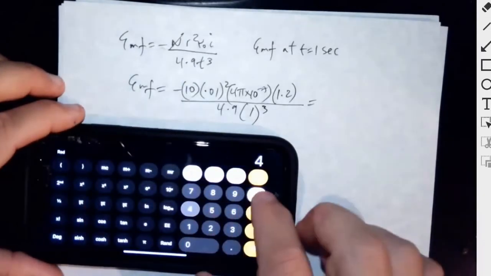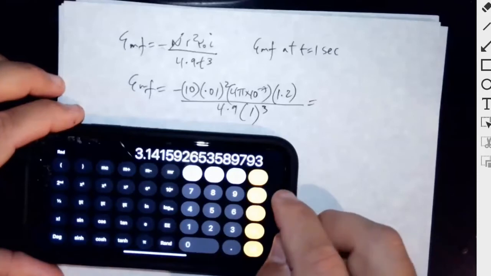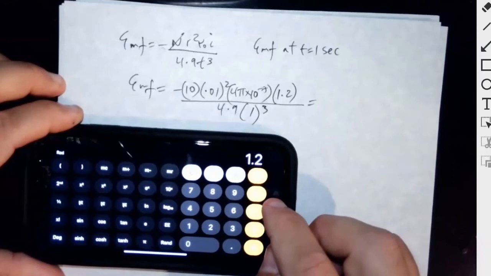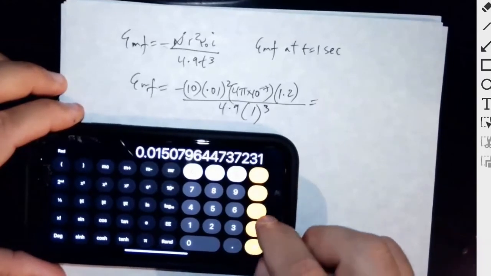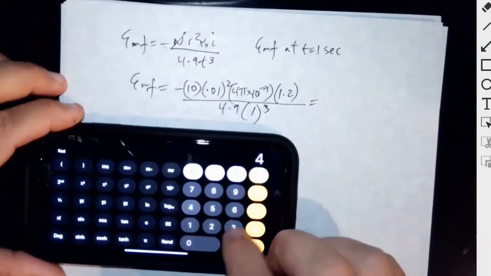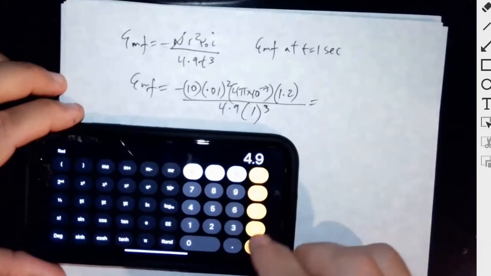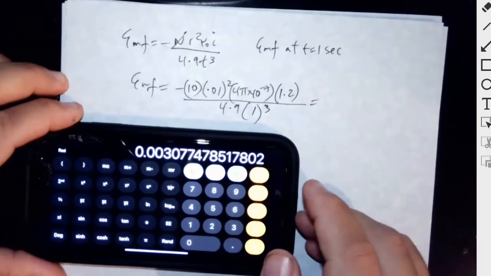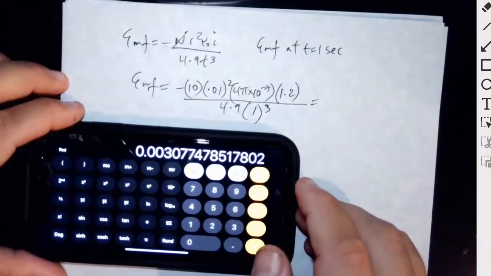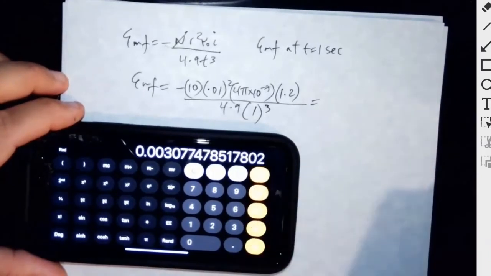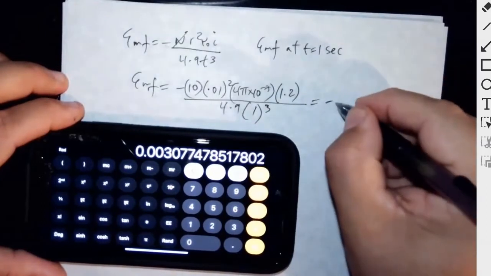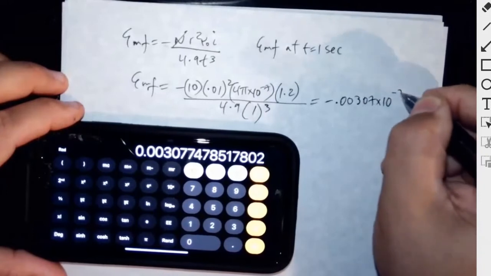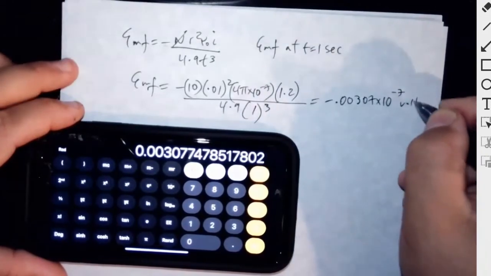Times 4 times pi times 1.2 divided by 4.9. So it's negative 0.00307 times 10 to the minus 7 volts.